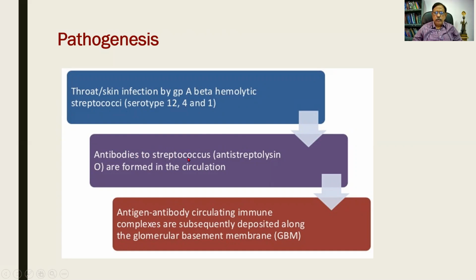There are antibodies formed to the streptococcus such as anti-streptolysin O, and they are in the circulation. Because of this, there will be circulating immune complexes which are deposited. Where? Subepithelial. So antigen antibody complexes are deposited in the basement membrane, mainly in the subepithelial region.